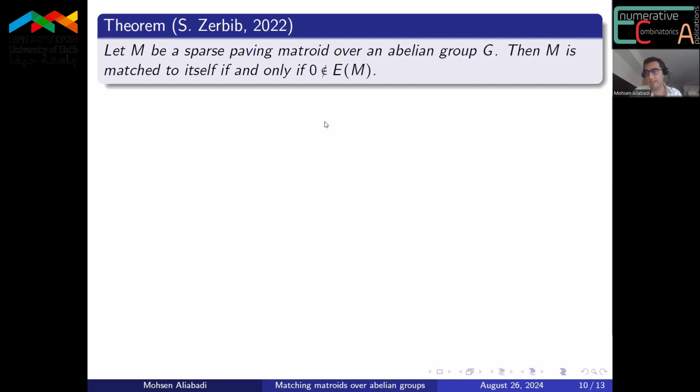One reason we are targeting sparse paving matroids is that this is a very important class of matroids, and it is conjectured and widely believed that asymptotically almost all matroids are sparse paving. Also, another conjecture going back to 1960, with very little progress, is that almost all matroids are paving.